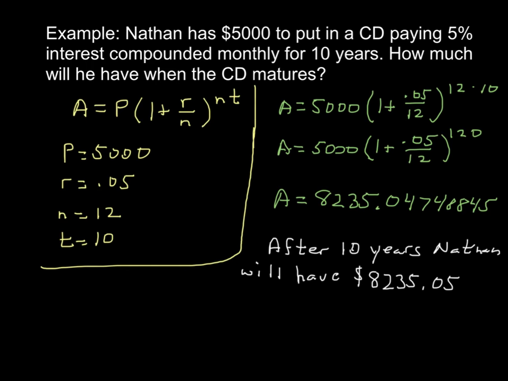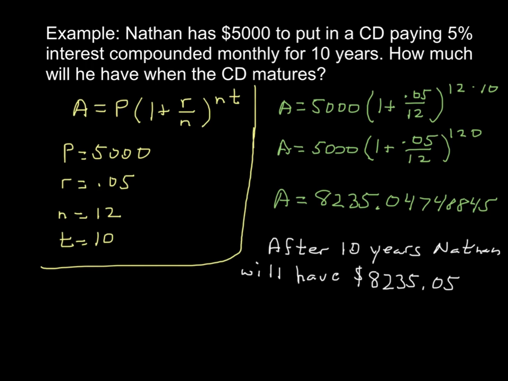So I just say that's going to be A equals 5,000 times the quantity of 1 plus 0.05 over 12, raised to the 120 power. At that point, you can put it into your calculator. And when I do that, I get A equals 8,235.047488845, and there are some more decimals that came out on my calculator.